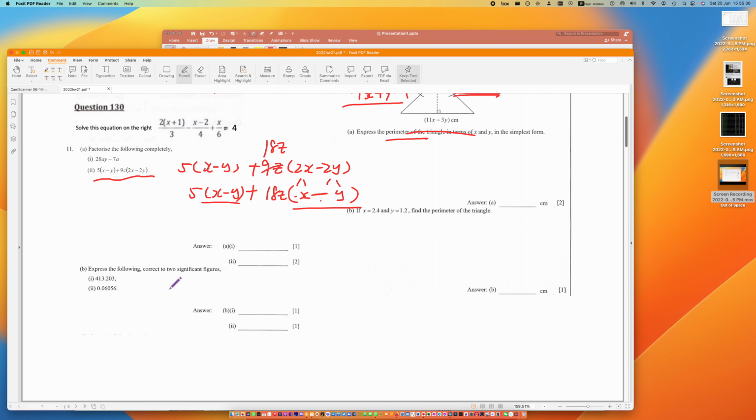You cannot start with 0. Correct. So the first non-zero. In this case it's 0.06056. This one, no. This is first, this is second. So this gives 0.061. Do you get 0.061?